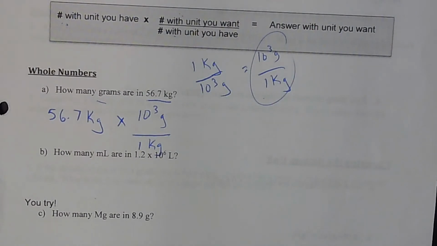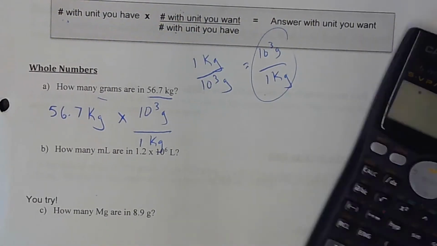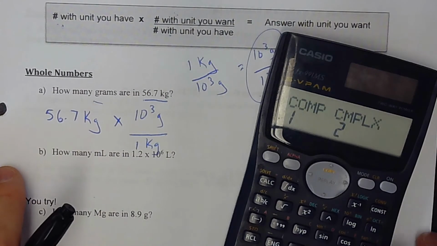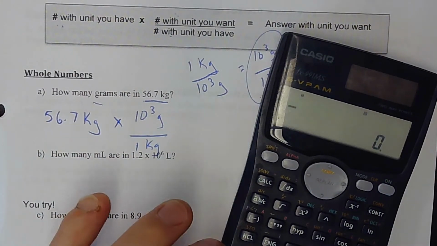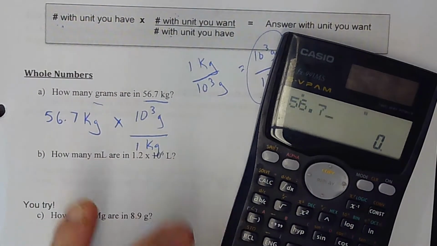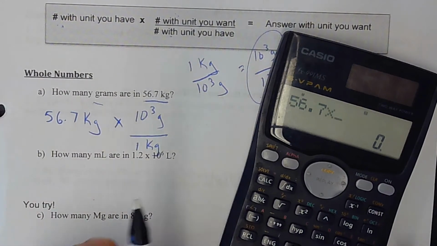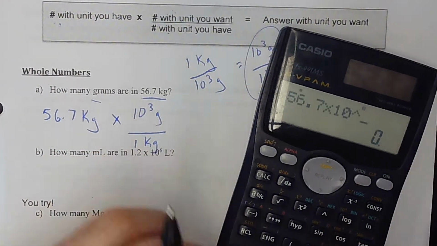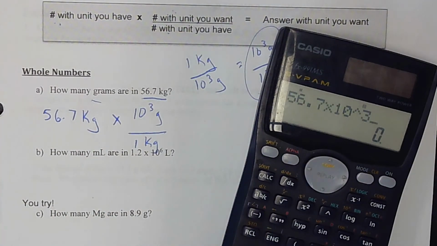Then it's just a matter of plugging into your calculator. So 56.7 times 10 to the power of 3. And that's it.